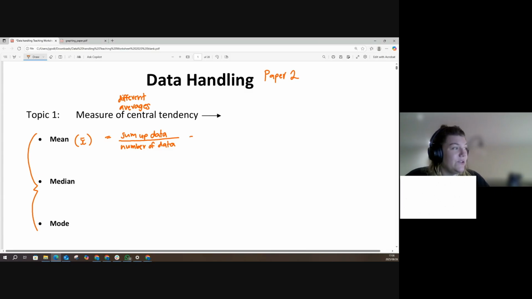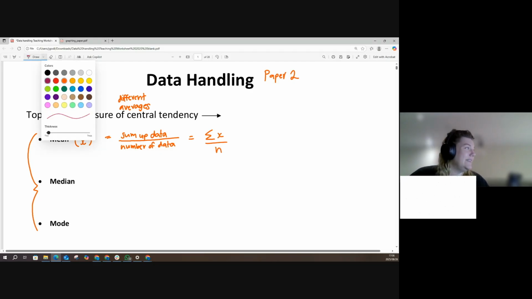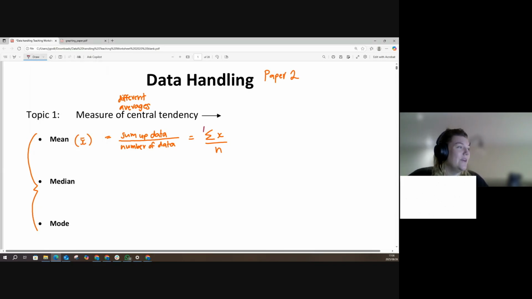You sum up the data and you divide it by the number of data. Okay, so if we had to write this the fancy way, we are going to write it like this. And let's see if we can figure out what these different terms are. What does this term mean? That funny looking E. Good. The funny looking E stands for sum of.